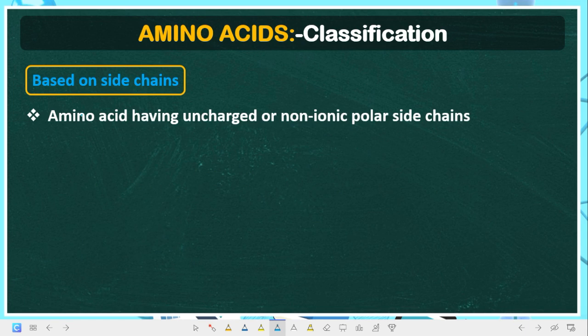Then we come to amino acids having uncharged or non-ionic polar side chains. Now, in this case, although the side chain is polar, it is uncharged or non-ionic. And you can see them from the structures.